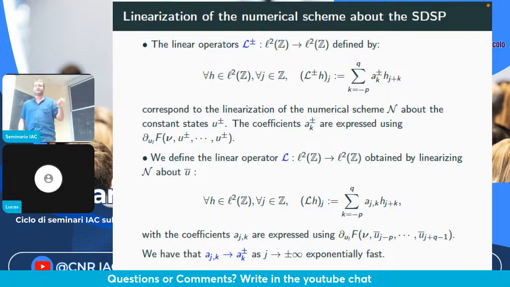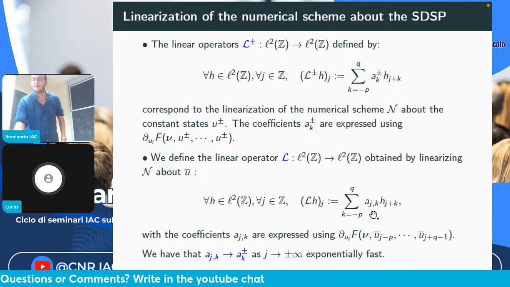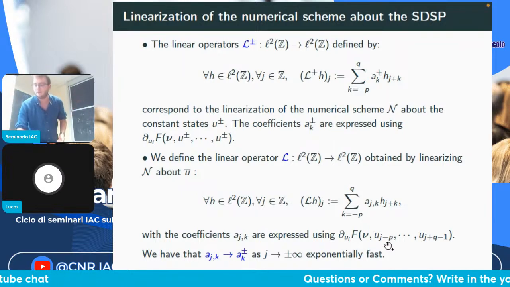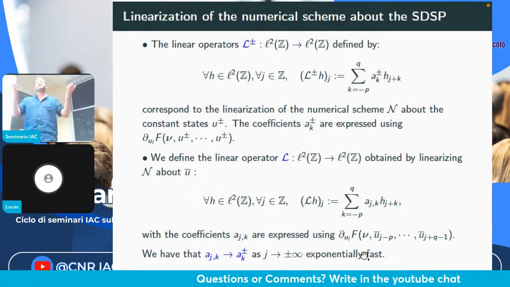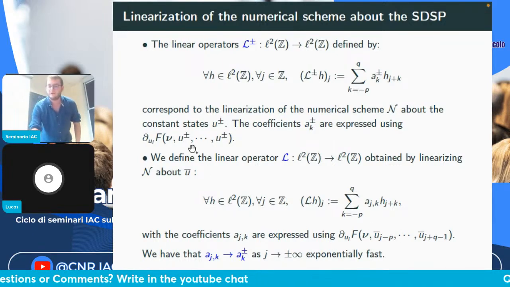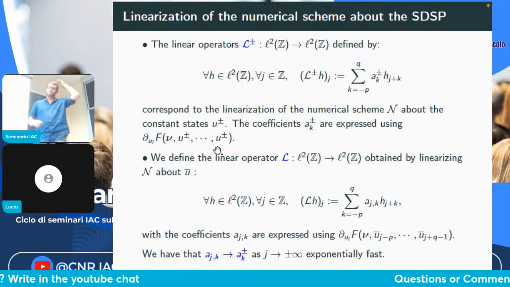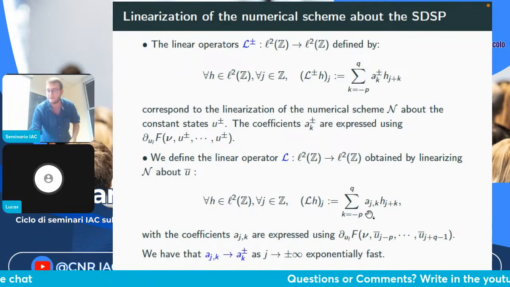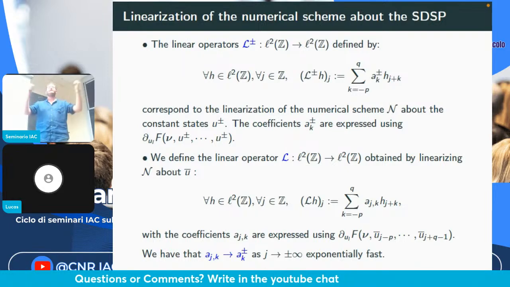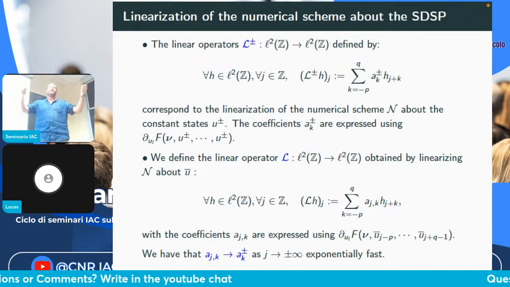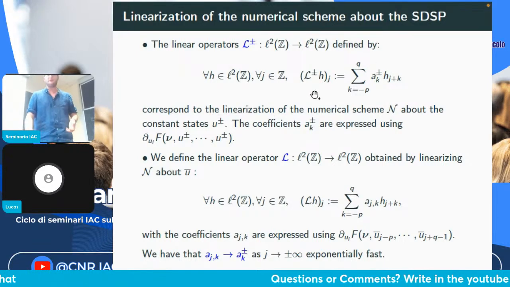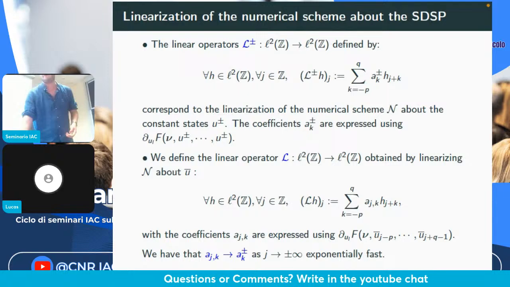An important fact is that those coefficients converge towards a_k plus and a_k minus at infinity, because if you consider that j converges towards plus or minus infinity, they converge back towards the derivative near the end state. So because those coefficients a_jk converge towards a_k plus and a_k minus, this means that at infinity your linear operator acts like the convolution operators L plus and L minus. This will allow you to obtain spectral information on this operator.